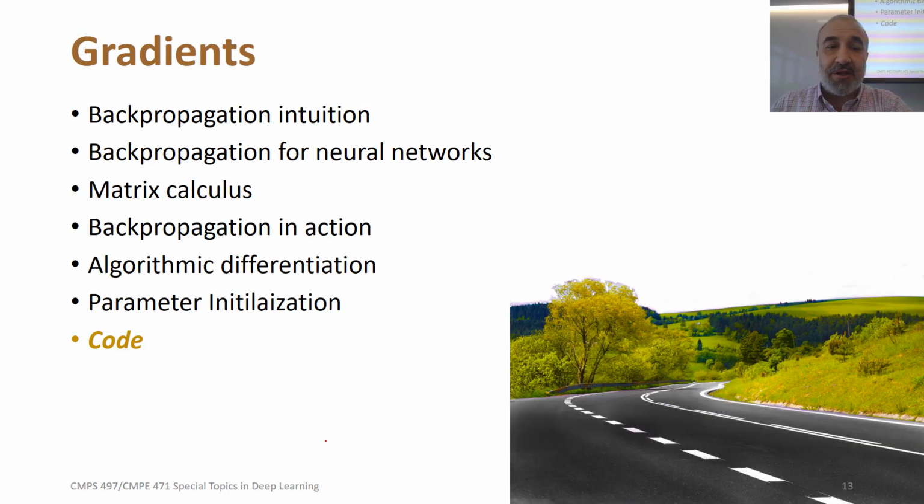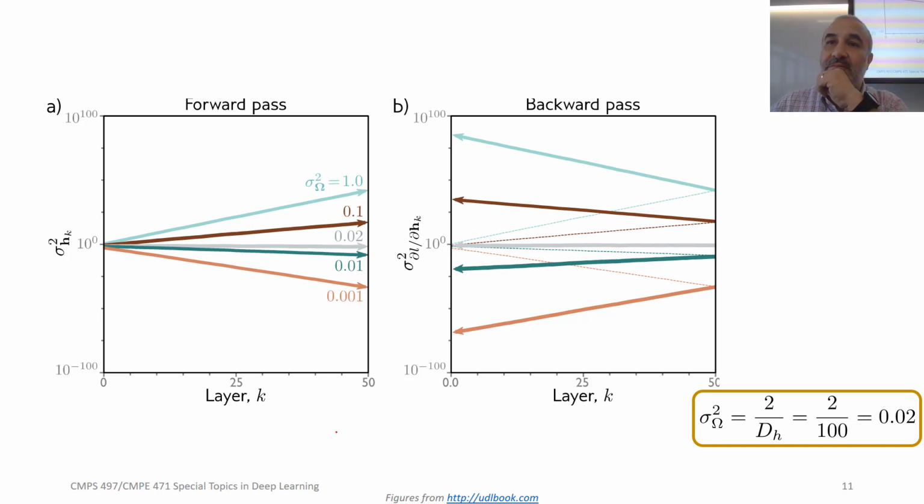Now let's get back to this. You now know why it's 0.02, because in this experiment the number of hidden units was 100. It was fixed over all layers. Okay, so when the variance is 2 over 100, which is 0.02, then the variance of the derivatives will be stable.